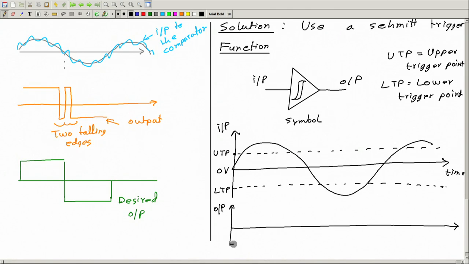It depends on the previous history, on what happened previously. So let us start with the assumption that initially at t equal to 0, the output is negative. Then the rule of this Schmitt trigger is that output will become positive when the input goes above UTP. Okay. So let me write the rule.